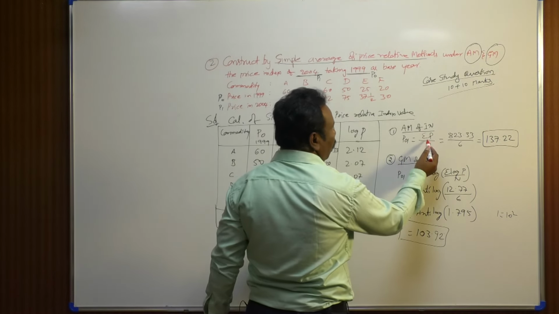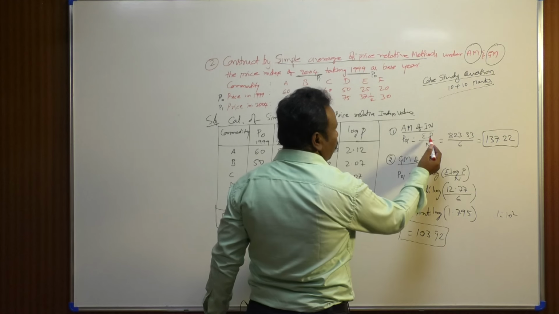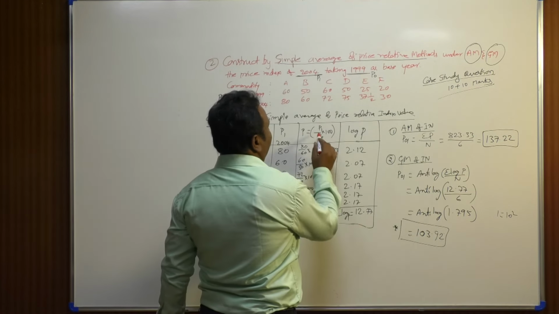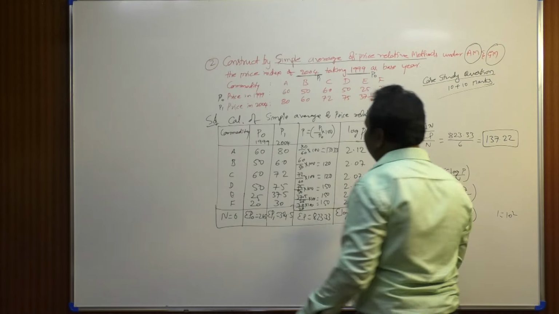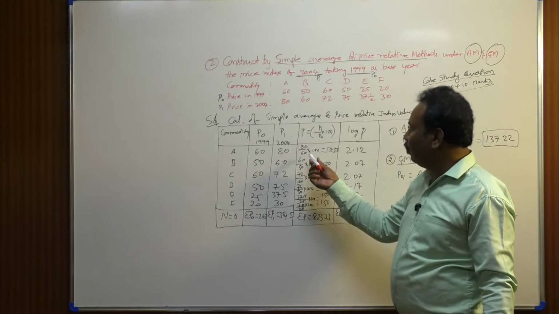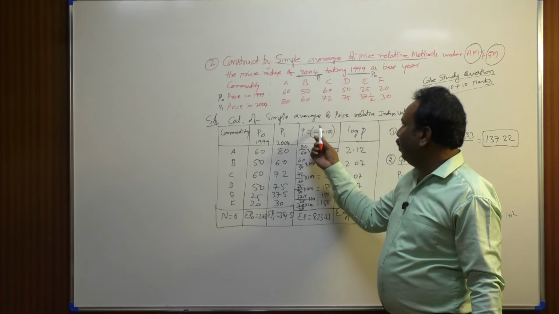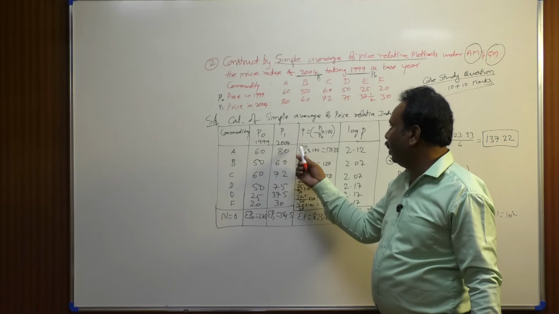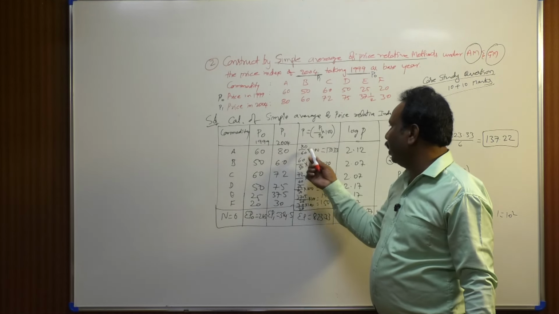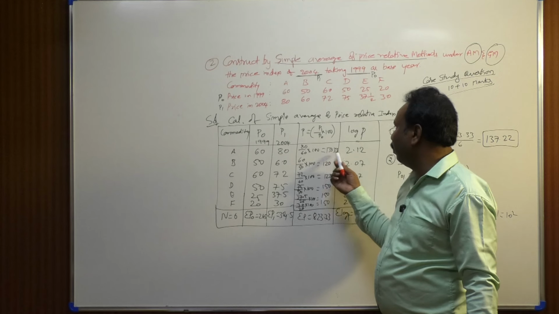Based on that, to calculate the geometric mean of index value, P01 equals sigma P divided by n. Sigma P is nothing but P1 divided by P0 into 100, which we calculate for each individual commodity. P1 is 80 divided by P0, which is 60, 80 divided by 60 into 100, 133.33.